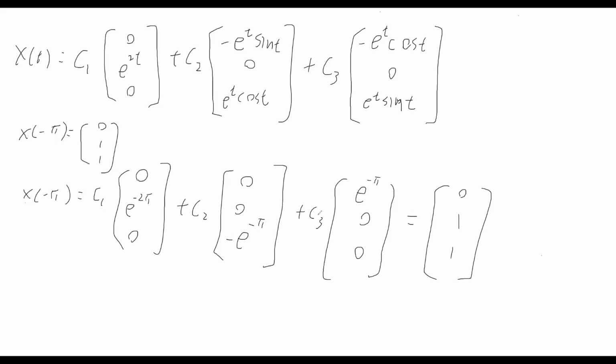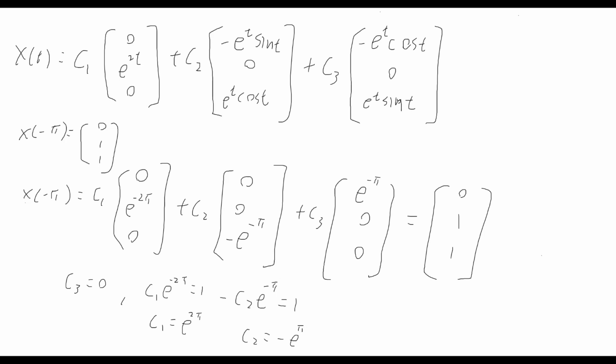All right, so the first entry has to be 0, so C3 has to be 0, right? And then we have C1 e^(-2pi) is 1. That means C1 is e^(2pi). And C2 times negative e^(-pi) is also 1, so C2 is negative e^(pi). Okay. All right, so let's see what we have here.